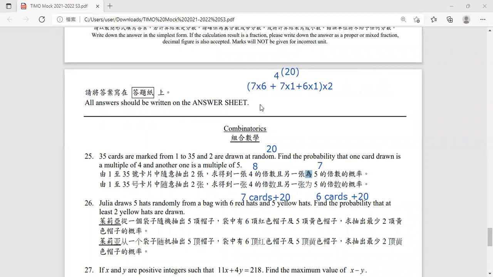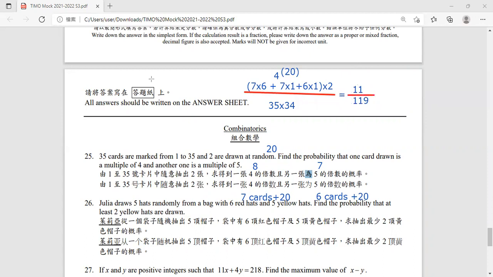And I will divide the whole thing by the number of ways to draw the cards, which is 35 times 34. Then just calculate the answer, and you can simplify the fraction to become 11 over 119.